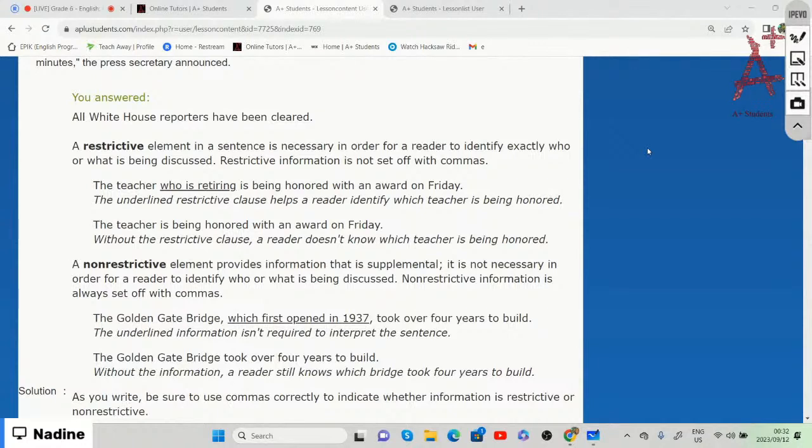Usually with non-restrictive elements, it is straightforward that we will be able to see who or what is being discussed. And non-restrictive elements are always set off by commas. Even though the added information is not necessary, it is still set off with commas.